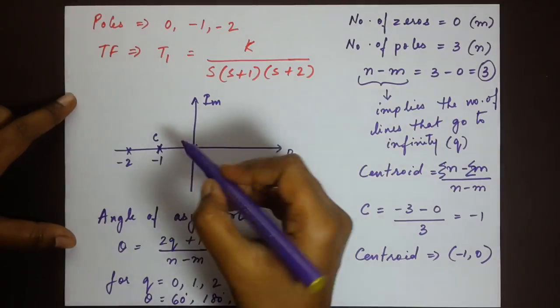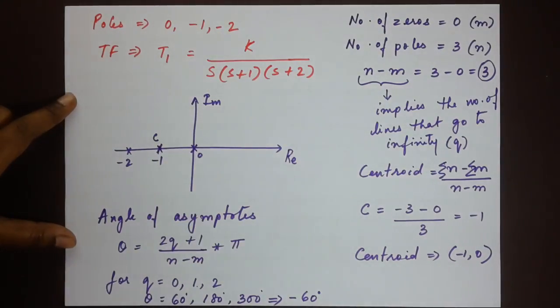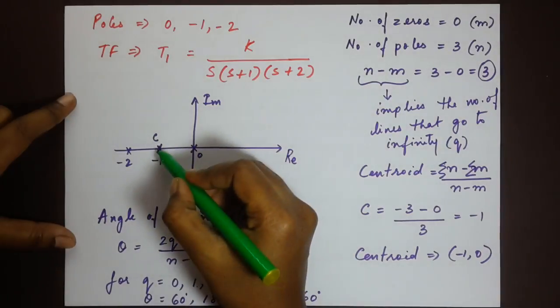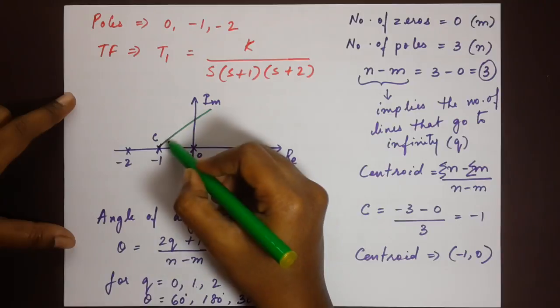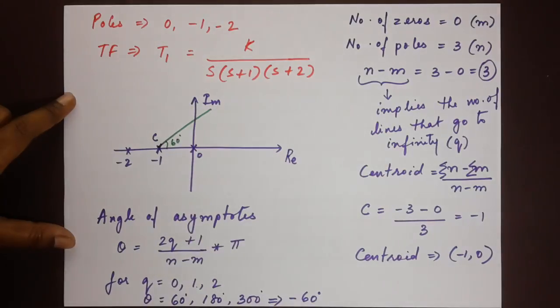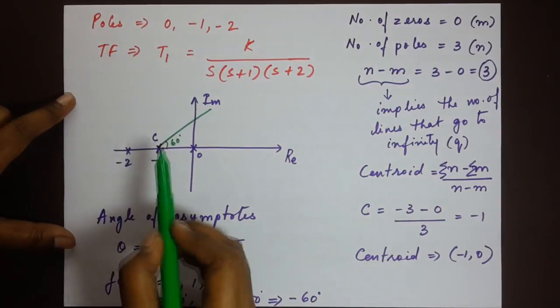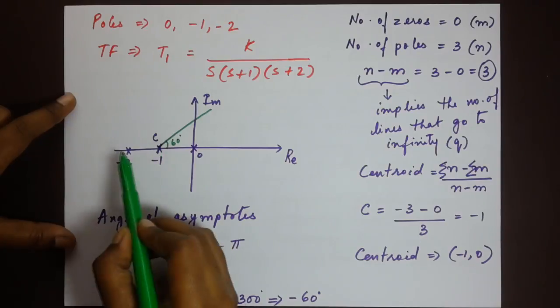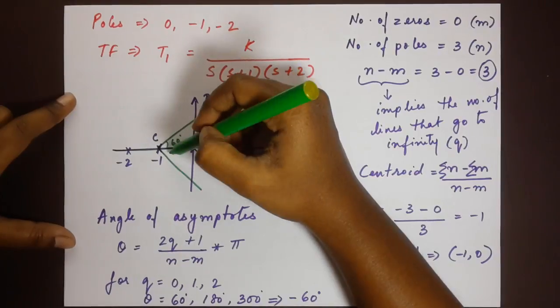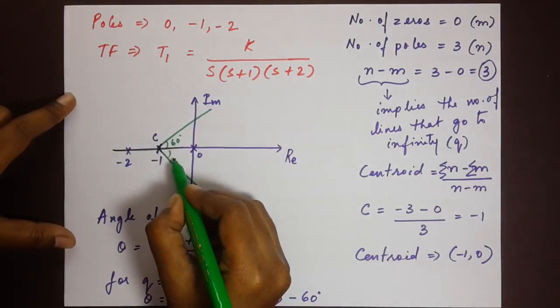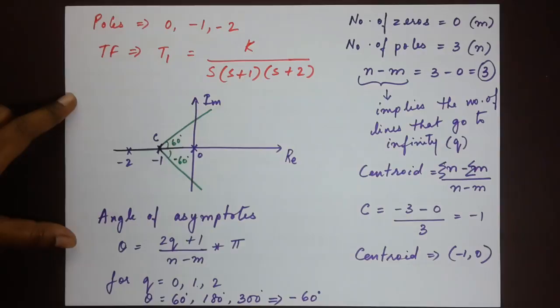So from the centroid, we have our first asymptote that goes off at 60 degrees. Our second is at 180 degrees, which is this line here, the horizontal real axis. And then we have minus 60 here. Okay, so these are our asymptotes.